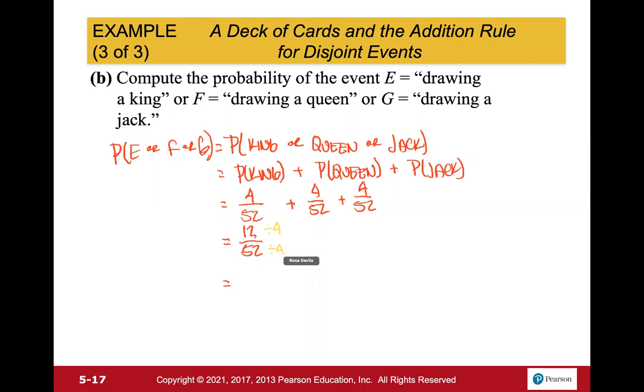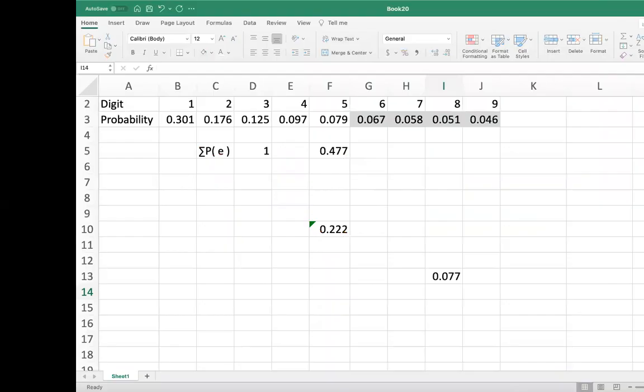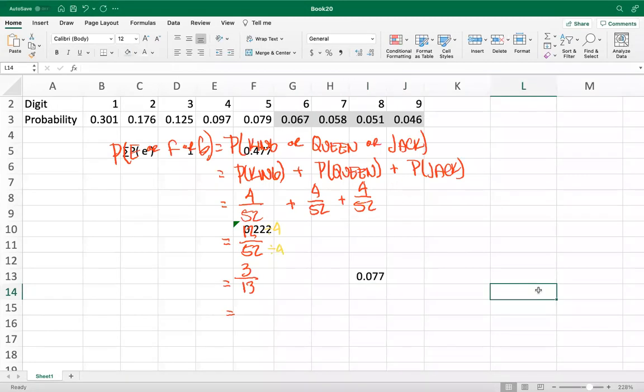So 12 divided by 4 is 3. 52 divided by 4 is 13. So 3 out of 13, or we could actually type it in here. So equal to 3 divided by 13.